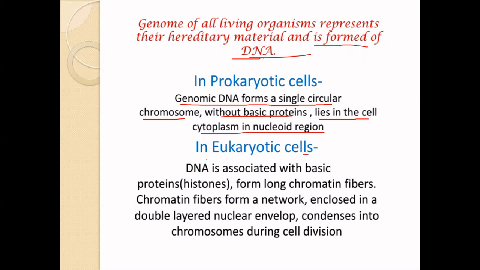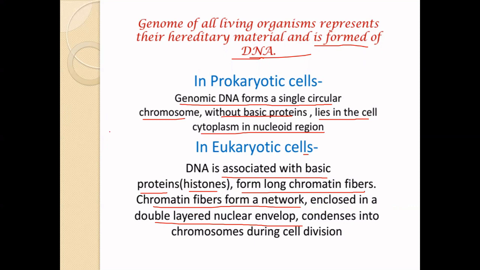But in a eukaryotic cell, DNA is associated with some basic proteins. We call them histone proteins. We will know about its structure later in this class. So it forms a long chromatin fiber, and chromatin fiber forms a network. These are different stages of network which are formed in case of the eukaryotic organism, and it is enclosed in a double-layered nuclear envelope.